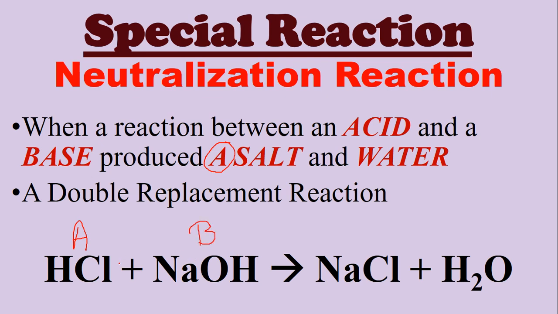The Na and the Cl will combine together to create your salt, and your H2O is your water. And so this is a neutralization reaction. Now, water could be written like this, or you can write water as HOH, because that's where this OH comes from and this H comes from, just to talk about the neutralization reaction.